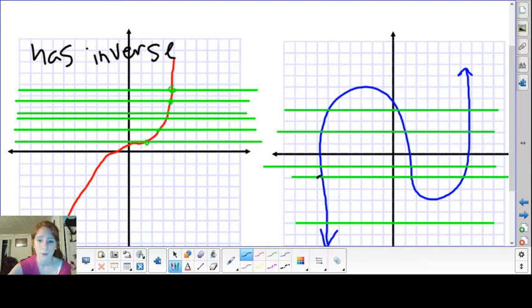And because, if you notice, I hit here, oops, that's not what I want. Because I hit here and here, and here, it fails. So it has no inverse.